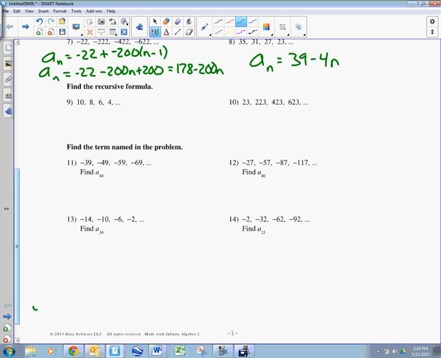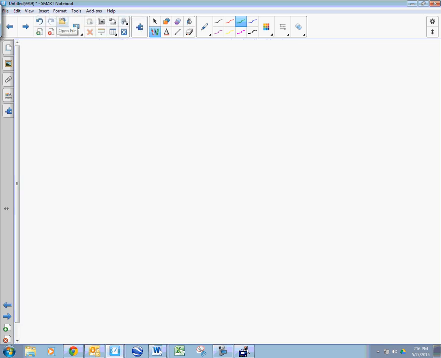Find the recursive formula. Recursive formulas are entirely different. Please watch. Recursive formula would say this. A sub n is equal to 2 times a sub n minus 1 plus 3. So what that means is this. Suppose that the first term, a sub 1, is equal to 5.